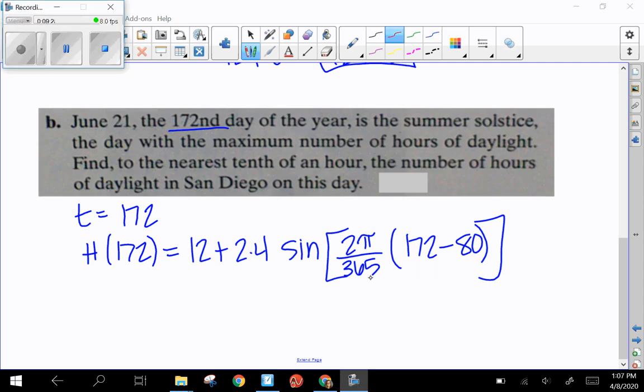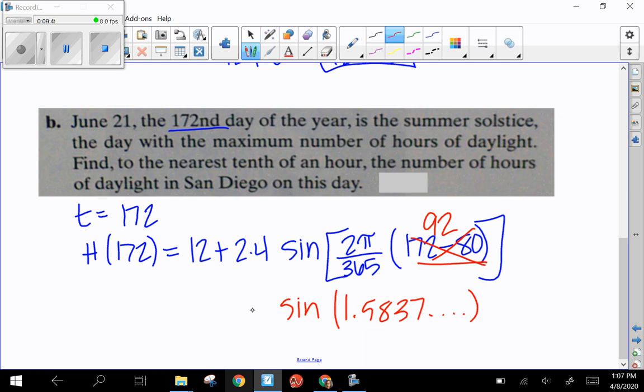Order of operations, I'm going to start in those grouping symbols. I would do my subtraction first. That ends up being 92. When I do that, the next thing I'll do is multiply 92 by 2 pi divided by 365. And let's see, I did that on my calculator earlier, and I got 1.5837, etc., but I just left it in the calculator.